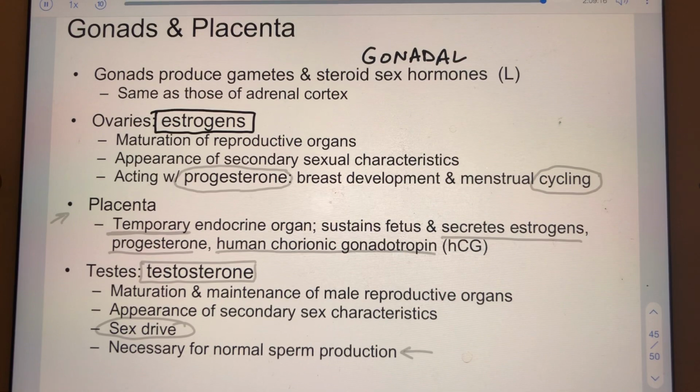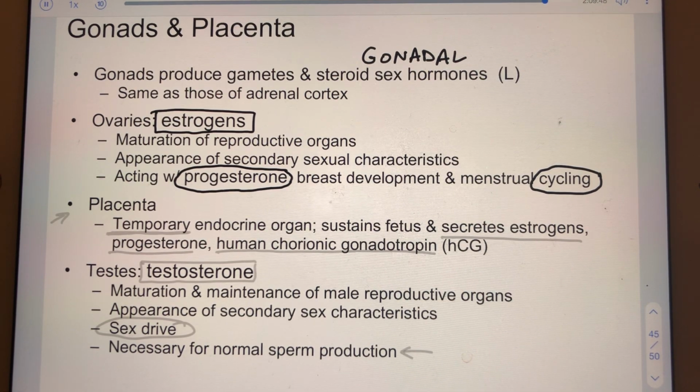And estrogens help in females to bring about the expression of secondary sex characteristics, which we just covered, okay? And also cooperate with progesterone and other sort of female sex hormones, or sex hormone, I should say, to influence cycling, ovarian cycling, and uterine cycling.